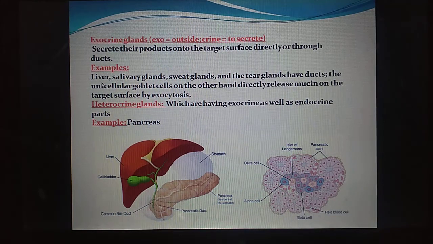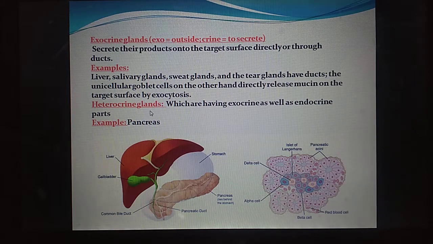For example, the liver, salivary glands, sweat glands, and mammary glands have ducts. The unicellular goblet cells are unicellular mucus-secreting cells, which on the other hand directly release mucin. Mucin is a protein which, when combined with water, forms mucus onto the target surface by exocytosis.